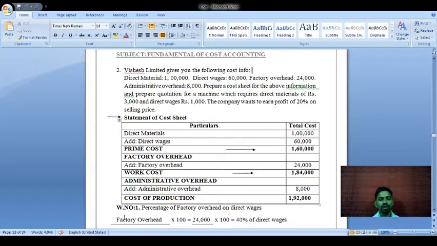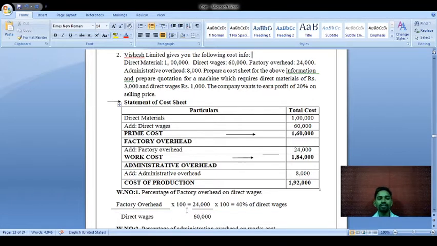Working note number 1: percentage of factory overheads on direct wages. If we want to ascertain the factory overheads, the formula is factory overhead divided by direct wages into 100. What is the factory overhead in the problem?